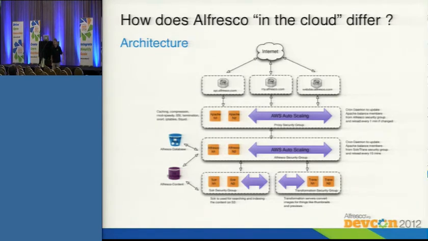There are Alfresco nodes, and those Alfresco nodes run both Share and repository together in this case. There are Solr nodes shown on the left at the bottom, and transformation nodes on the right, and the database is marked as RDS and the S3 content store. So it's just another way of visualizing the previous slide.